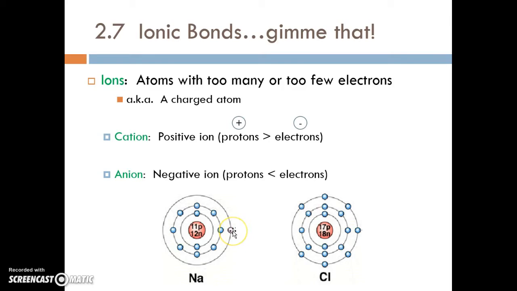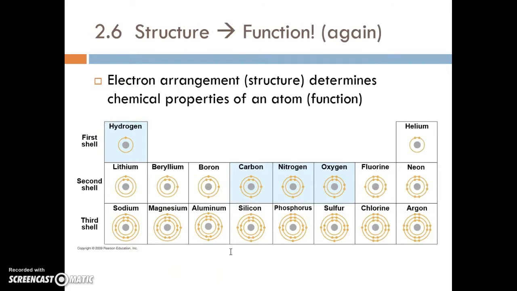So what happens in this bonding is that the Na will donate an electron over to the chloride. So now this will have 8 electrons on the outside. And this guy, because he lost an electron, started out with, and you can look this up on the periodic table, we can go back and look at one.